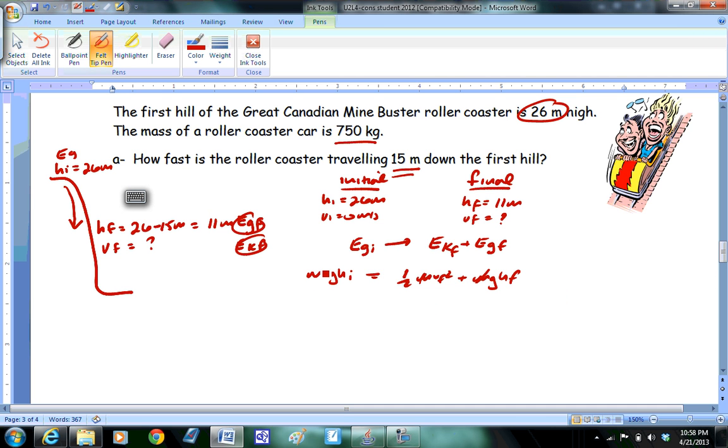Lucky for us, mass cancels here. So I'll make it a little bit easier. I've got 9.81 meters per second squared times my height is equal to 1/2 VF squared plus 9.81 meters per second squared times my final height of 11 meters.